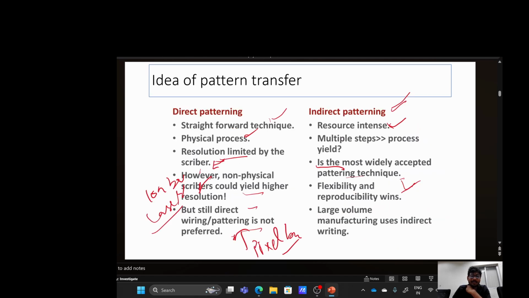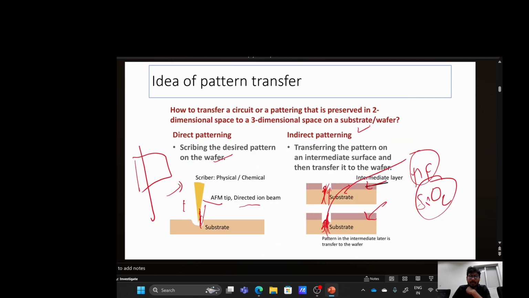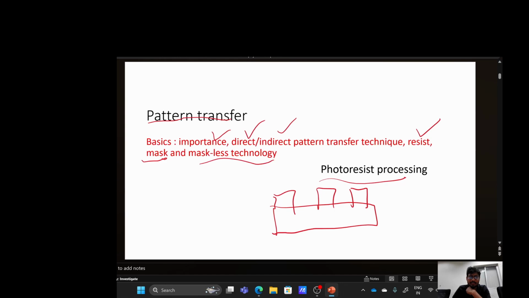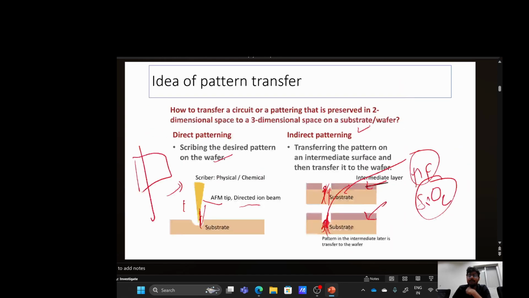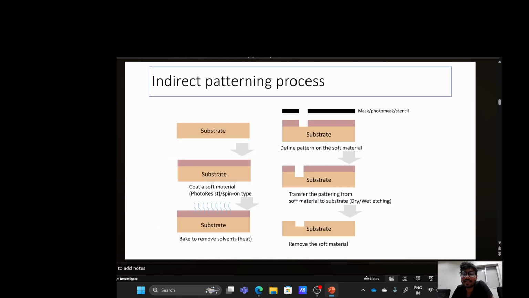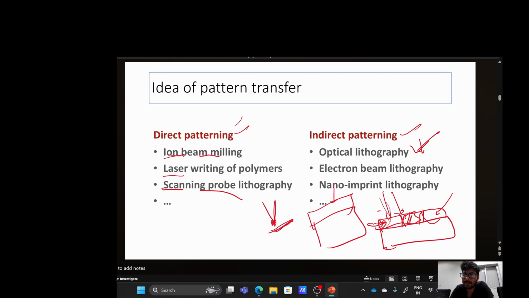In indirect patterning, there is printing. You can print, not directly, indirectly, over a large area. You can do this with optical lithography over a large area, and throughput is high in this one.